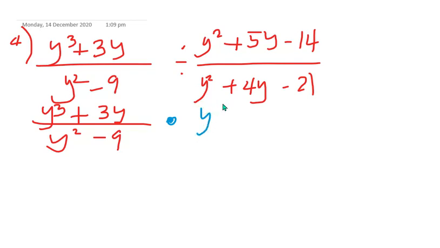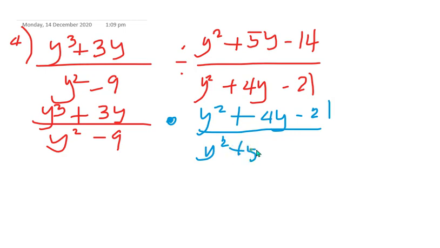This is now y squared plus 4y minus 21 over y squared plus 5y minus 14. And after changing to multiplication, we're going to get the factor. We have here a common factor y.